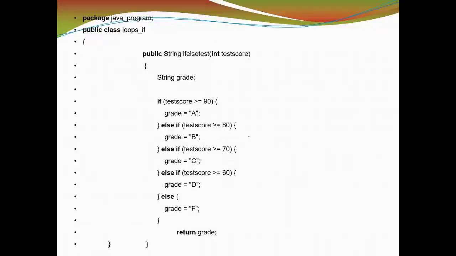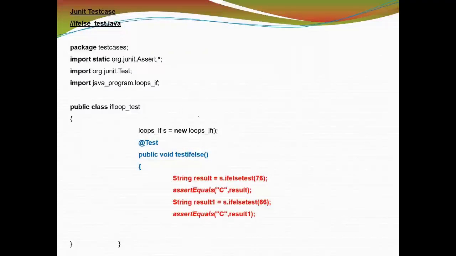Now there is another way to design the test cases using the tools. This is the code they have given here, and you need to write the test cases for this. You are going to test this code with various inputs. Using the tools, you write the test cases in this way.